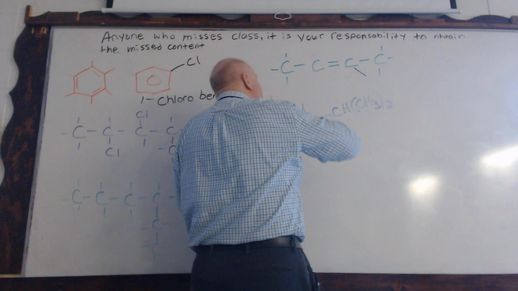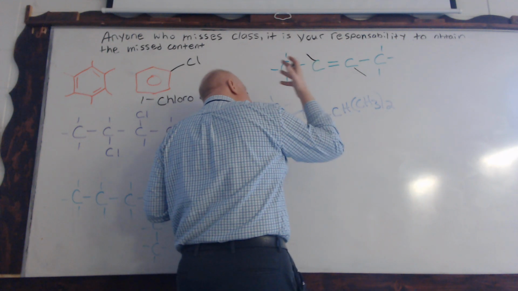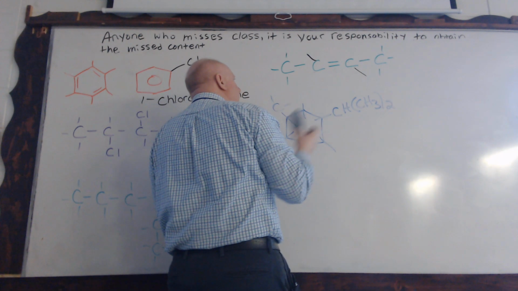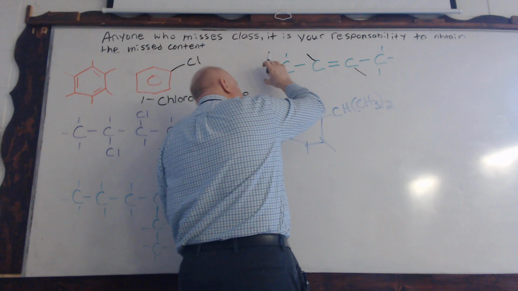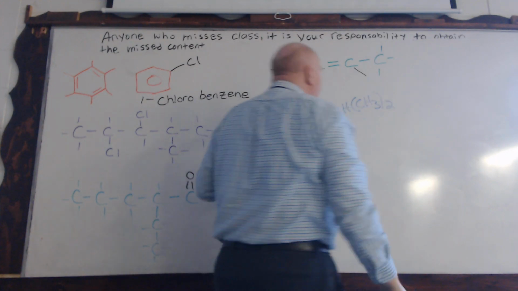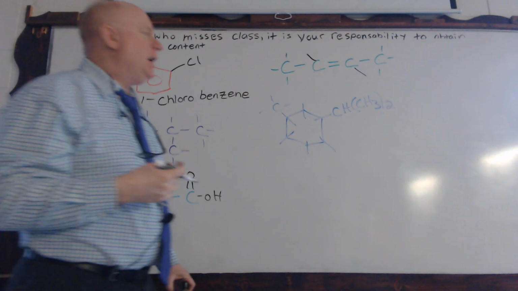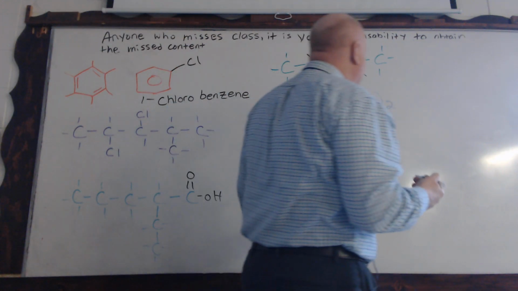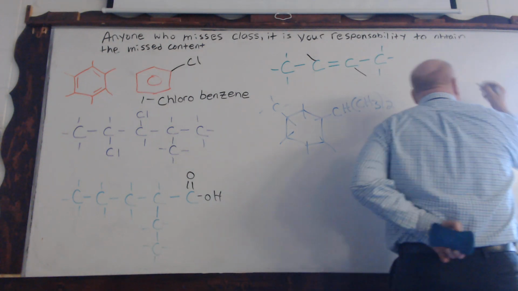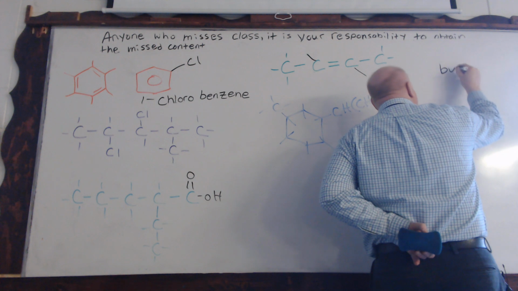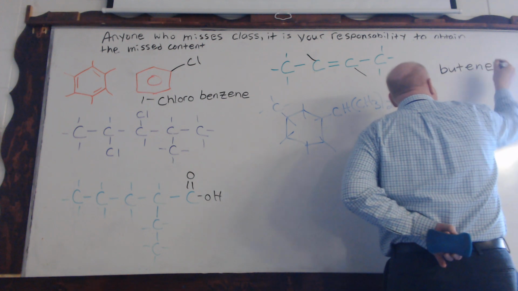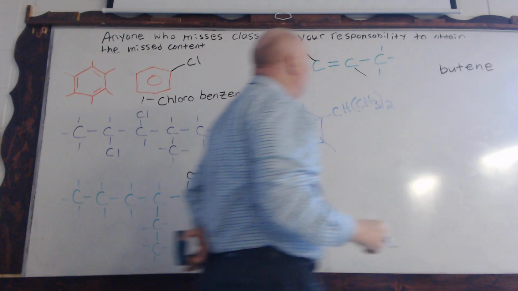So what this means is we're still naming this based off of old knowledge. Find your parent chain, which is 4, and then what organic family do we have? Alkene. So that means we've got some sort of butene molecule here, which we do.